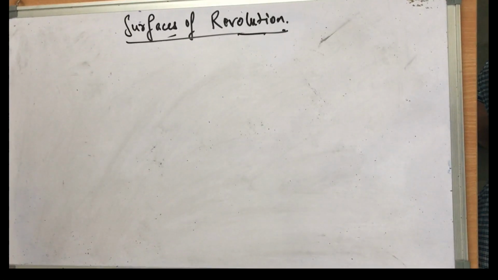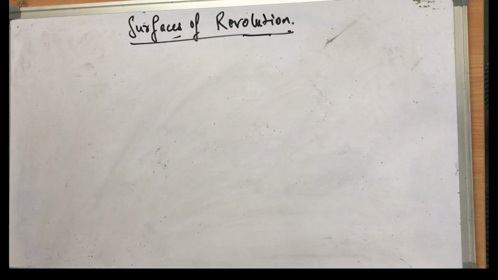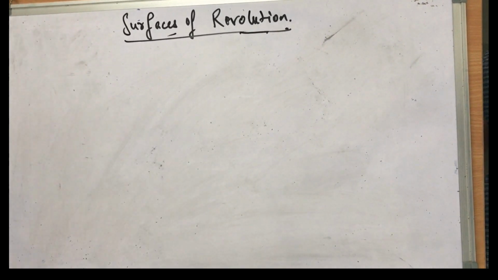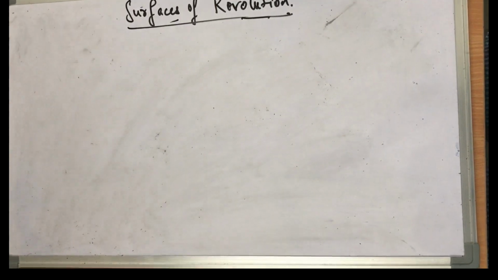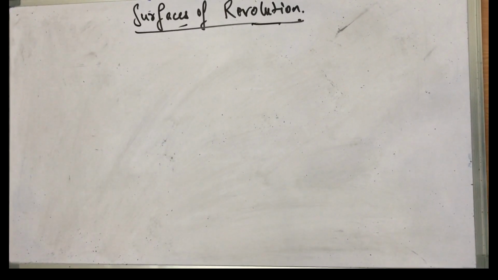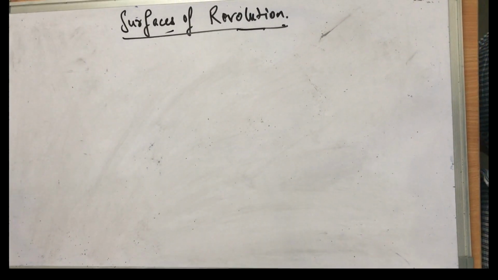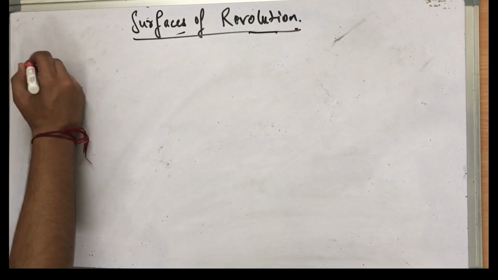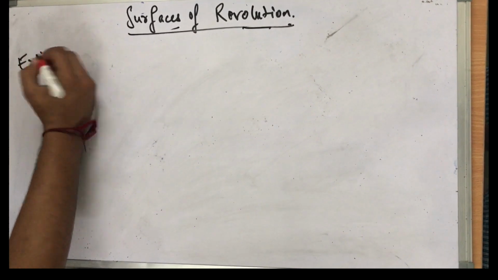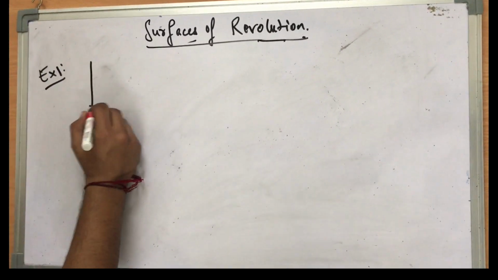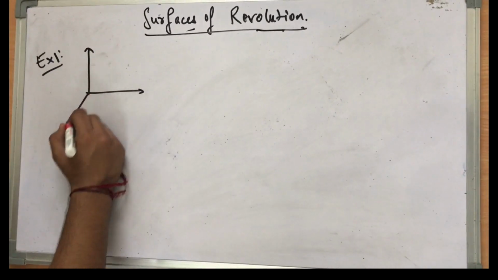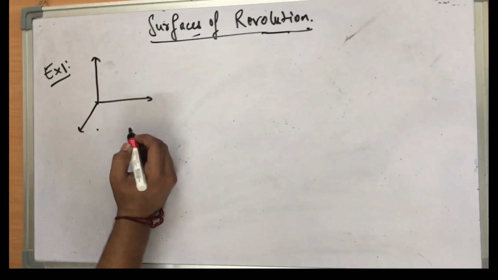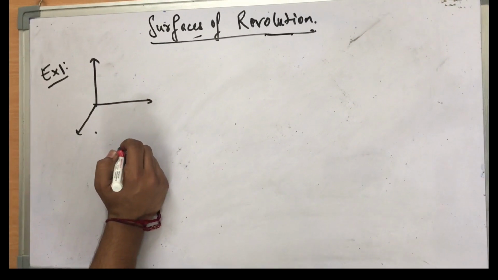So these were the locus of the points for each curve, or the locus of these curves for each point which are being rotated about the given axis. So let's take some examples for easy understanding. I take an example of a paraboloid which has been formed by rotating a parabola about the y-axis.